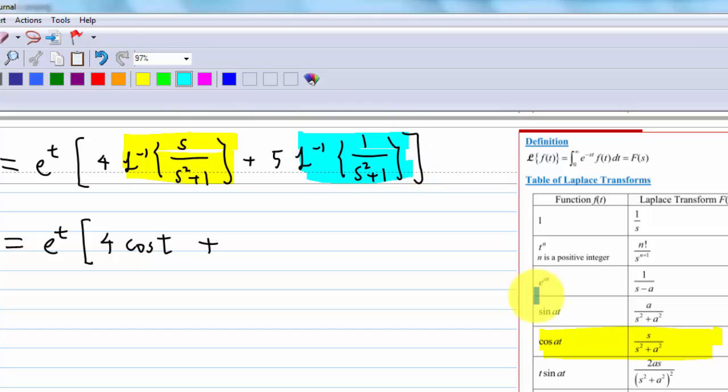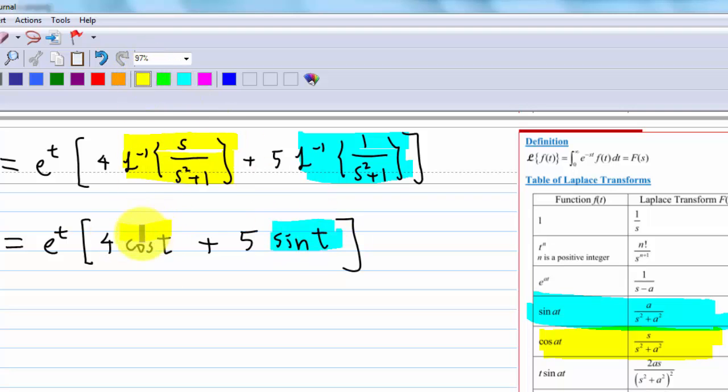Referring to the table here, you find that the Laplace transform of sine at is a over s squared plus a squared. Here a is equal to 1. So this is equal to 5 times sine t. This is how we get the answer of example 12.